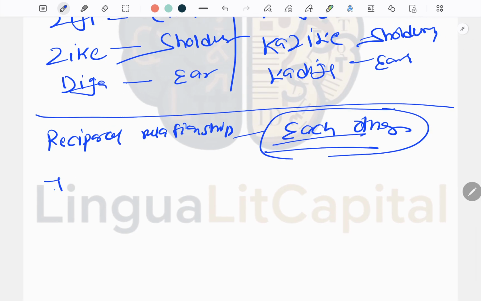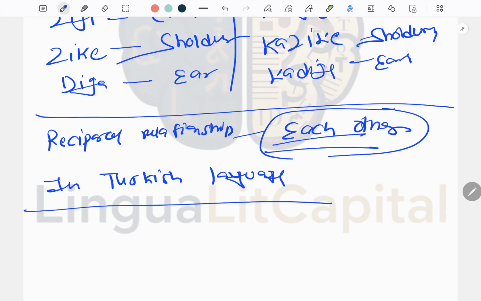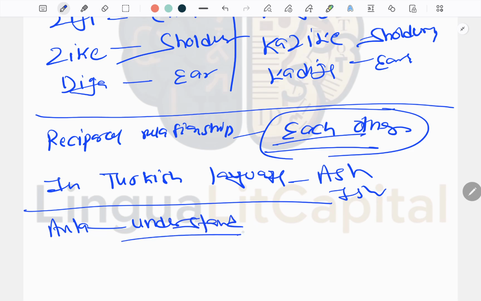Turkish, they add the suffix lash, or ish. Like in that language, anla means understand.